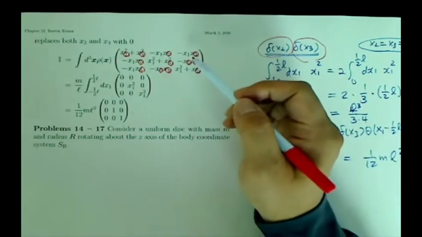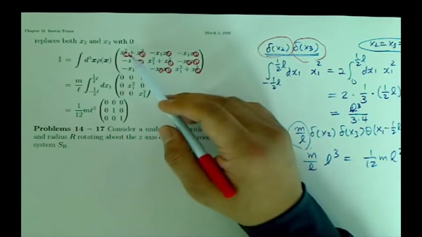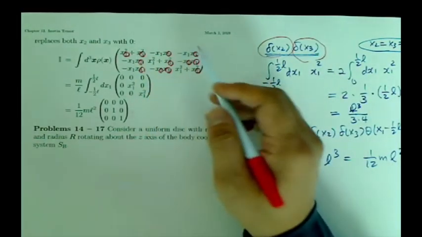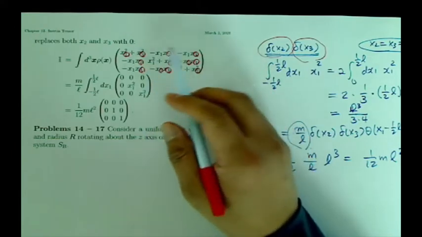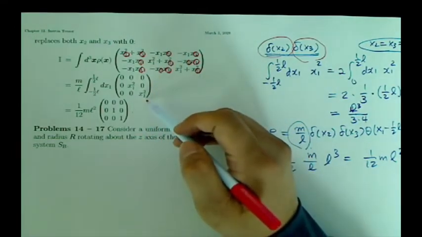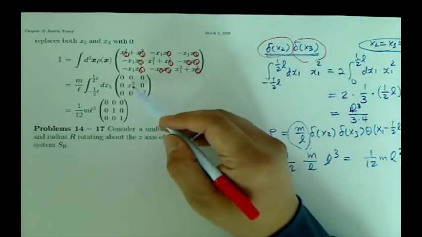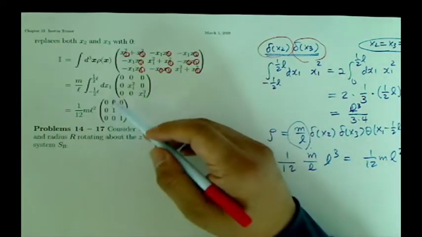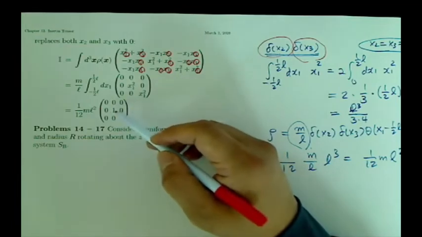Therefore, if we make use of the fact that x2 and x3 vanish, most of the contribution except for these two contributions disappears. So these two integrals are identical to each other. So it is proportional to 1, 1.